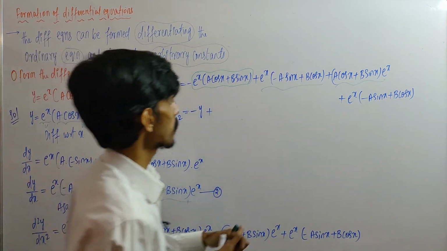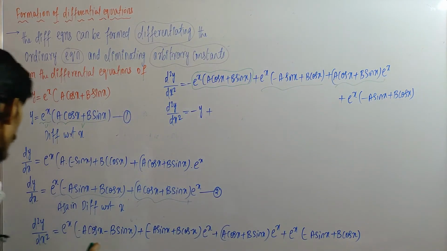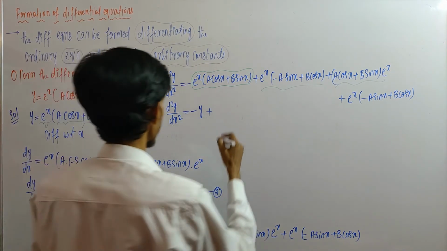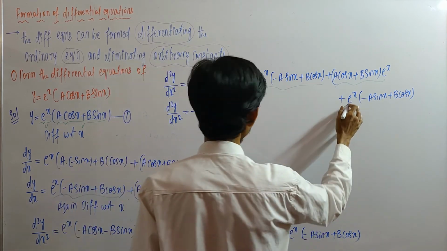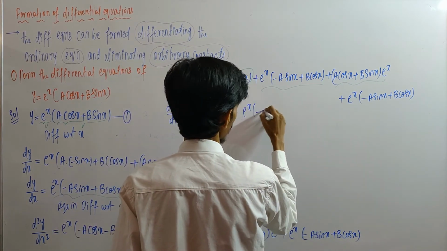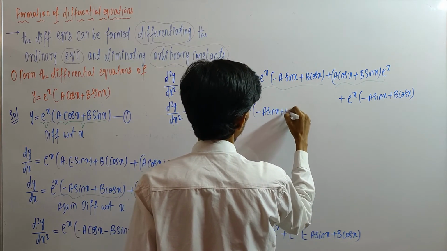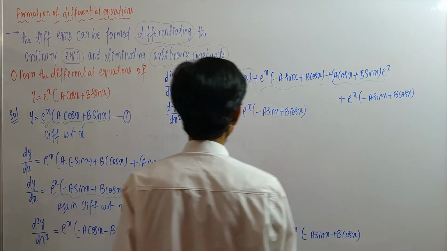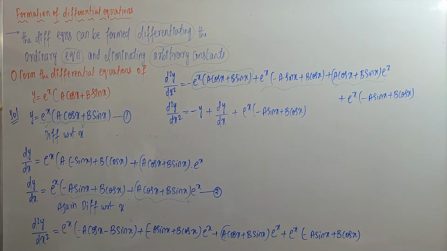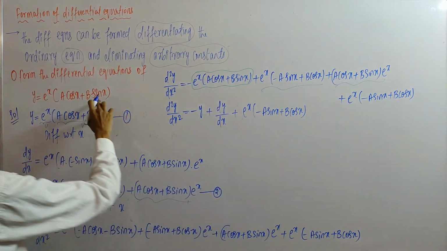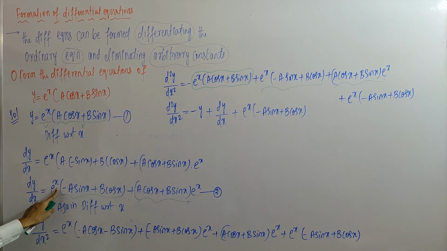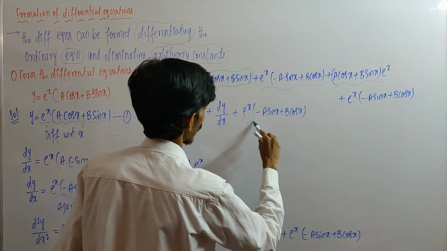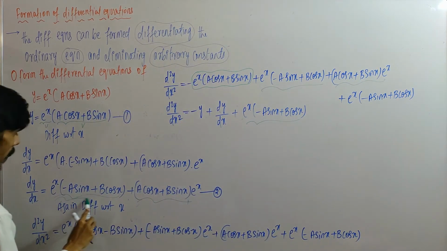So these two terms can be replaced from equation 2 by dy by dx, plus we have this term e power of x into (minus a sin x plus b cos x). When you compare this with this, you won't get y. And from here, if you compare e power of x into (minus a sin x plus b cos x), these two are the same.